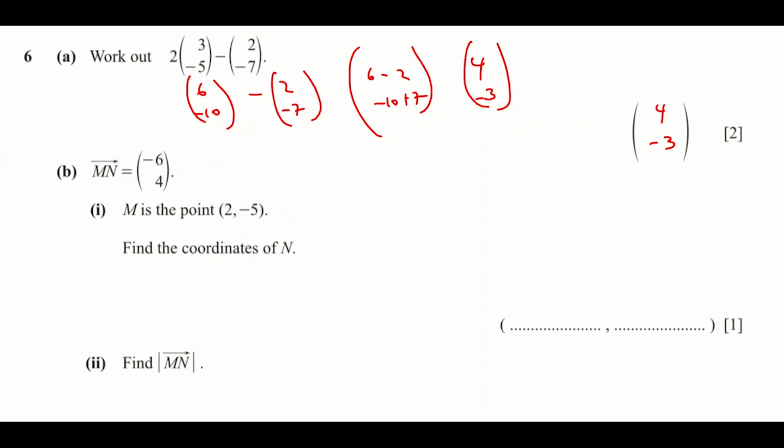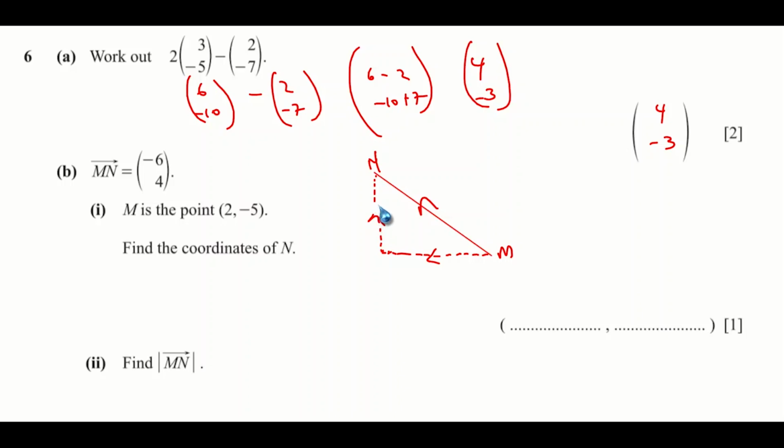MN, so we can have a rough sketch. So MN will be something like this from M to N. If this is M and this is N, you can have something like this, then something like this, so the direction is like this and like this.